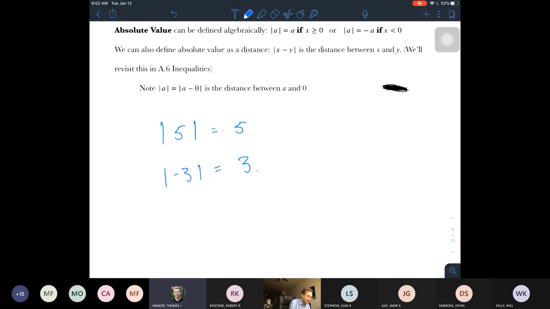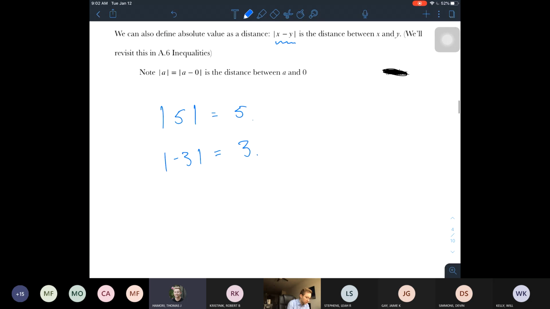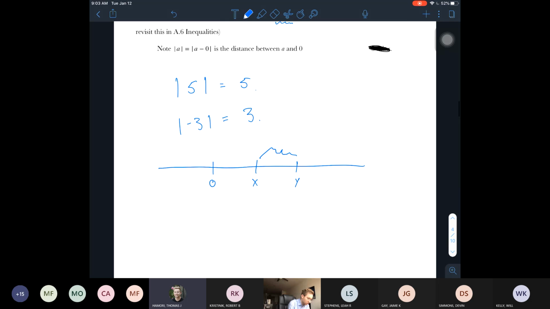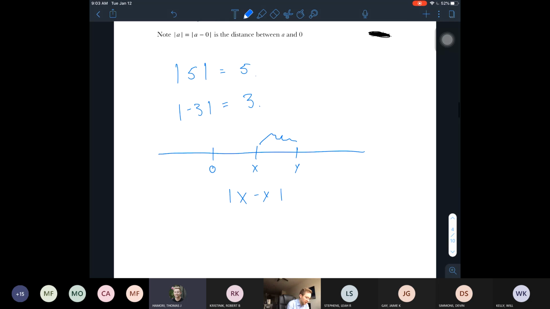So you can also define absolute value as being a distance. We can take |x - y| to be the distance between x and y. Let's see if I can draw that. We've got 0 here, and x and y. If we want to know this distance, x - y will be a negative number since x is smaller than y.